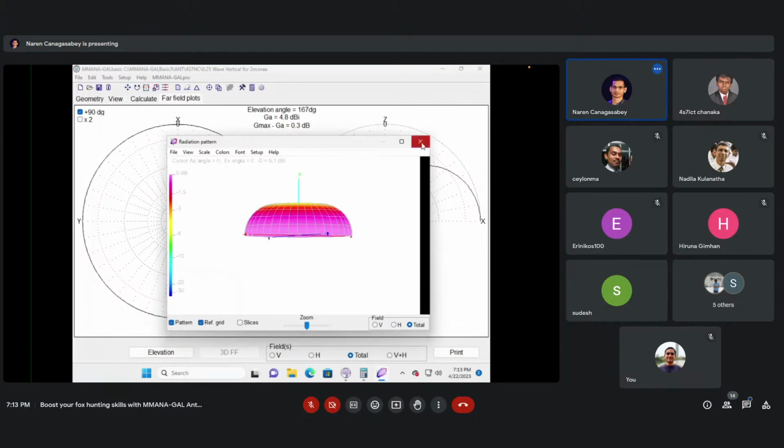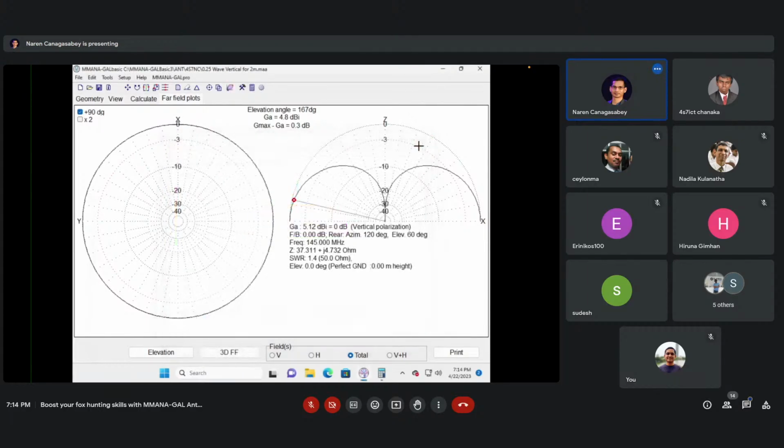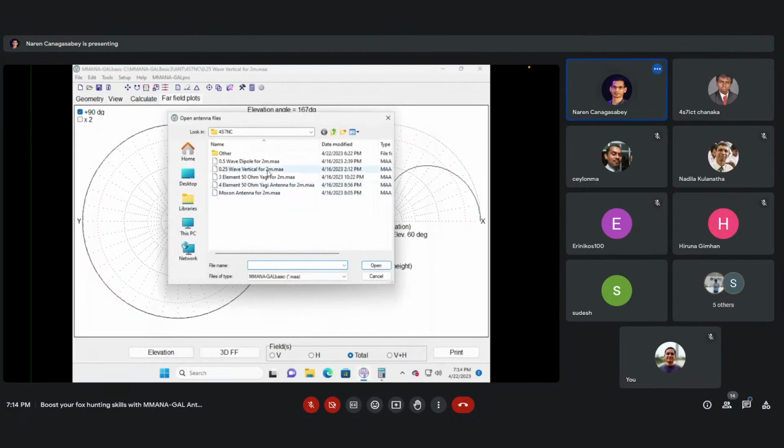So this is how a quarter wave vertical would radiate. Right? So let's move on to the next model, which is a half wave dipole.